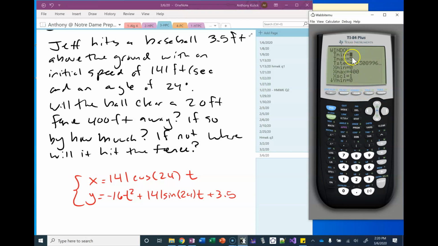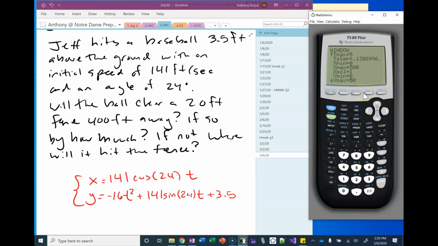We'll change our window now to reflect this. So the baseball is going to be in the air for 400 feet. It's probably still 5 seconds is a decent estimate. Since our fence is at 400 feet, I'm going to make my X max now 500.